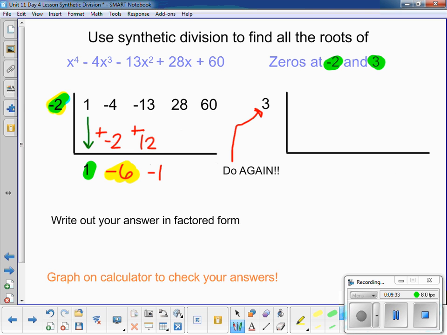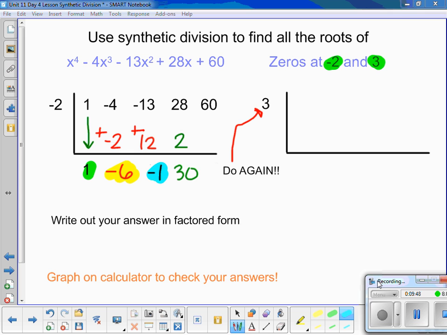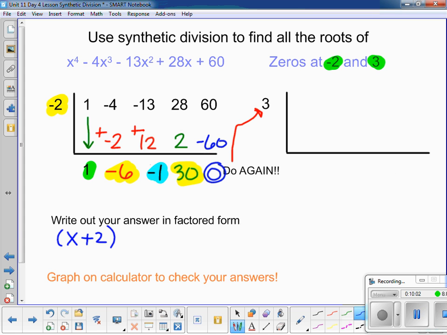Now I have negative 2 times negative 1, which is positive 2. That gives me 30. And then the last thing I have is negative 2 times 30, which is negative 60. And I get a remainder of 0. Okay? So right now I have a root at x plus 2.